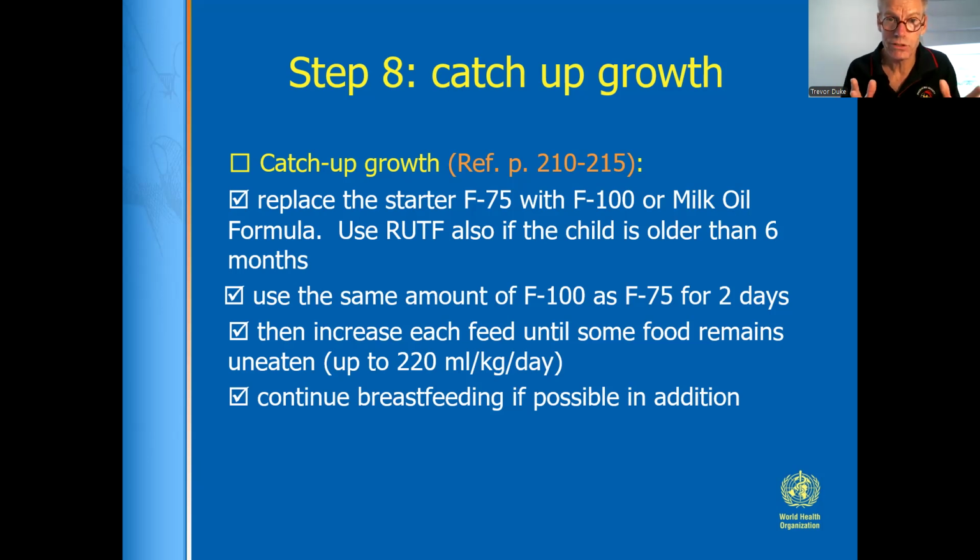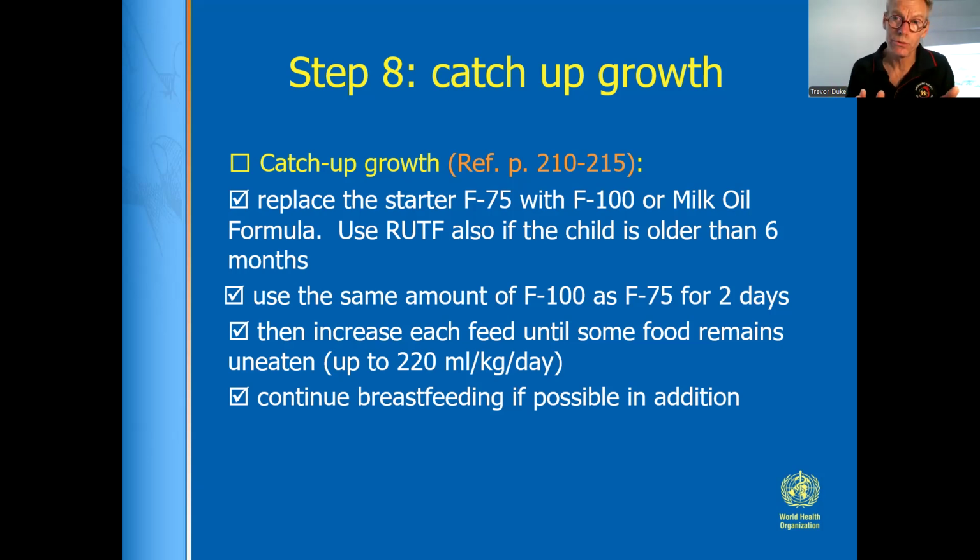Catch-up growth usually starts at 1 week, and you should change the starter formula F75 to F100, and in an older child who's 12 months like Kobe and older, then start on some sort of solid feeds, whether it's mashed banana or whatever you have.